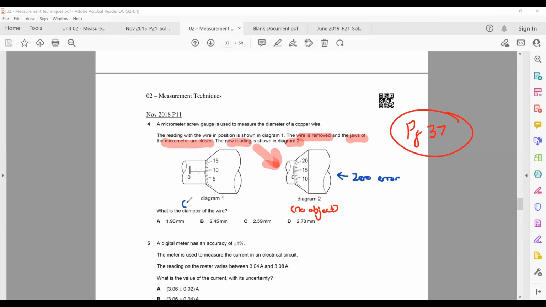This one in diagram 1 is with the object inside. So they want the diameter of the wire. They want you to find out the actual diameter of the wire. You need to correct for the zero error. So let's start with this one first.